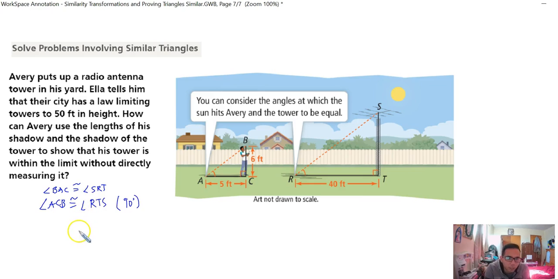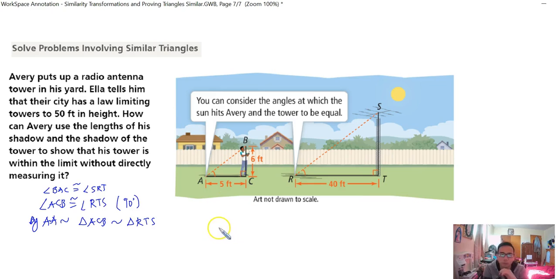So we can now write, by AA similarity, triangle ACB is similar to triangle RTS. Now we have to make a proportion using the corresponding sides of these two triangles that are proportional.